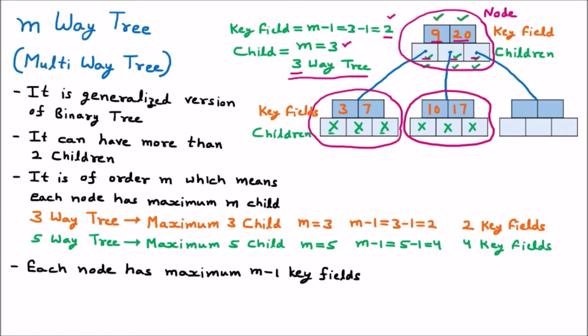So cross means there are no further children available. Now we are taking another node of the three-way tree. Here, if we talk about the key fields, maybe the key fields can be 21 and 30. So these are the 2 key fields. Further we are taking the children, but there is no pointer available. That's why we are representing the cross.